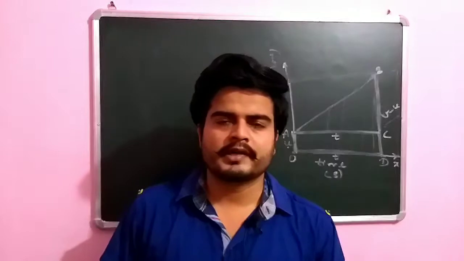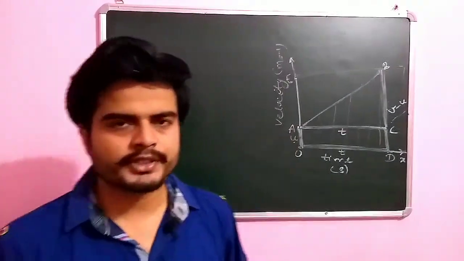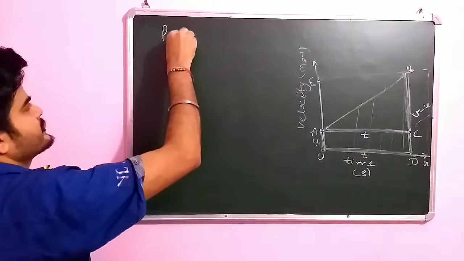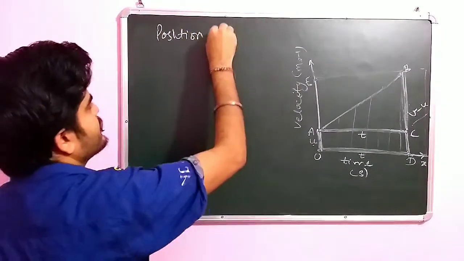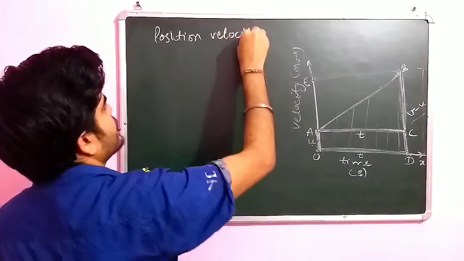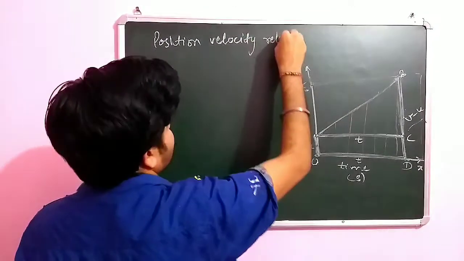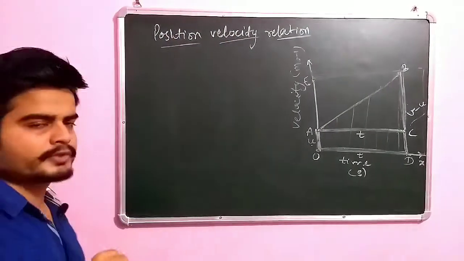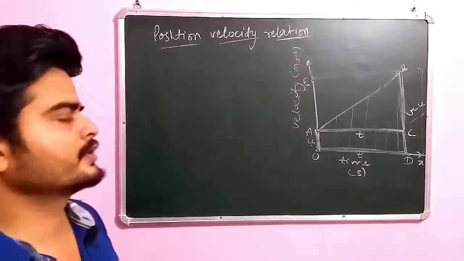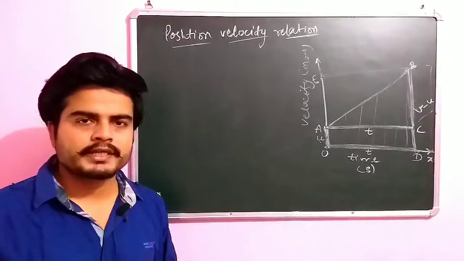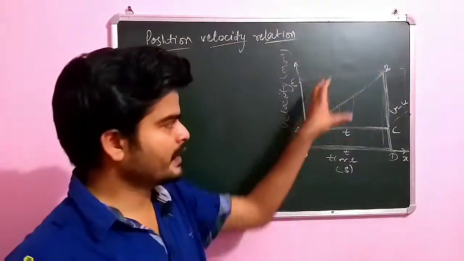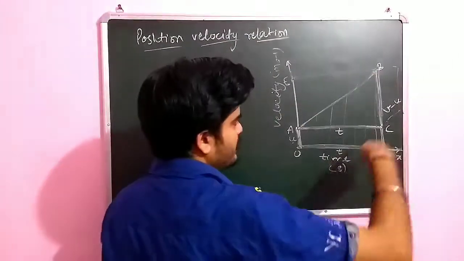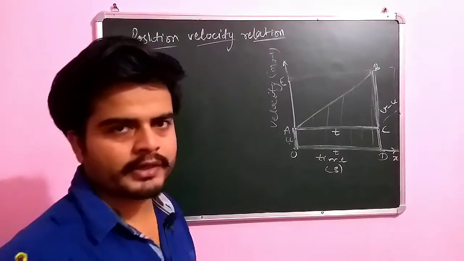Now we will do the third relation, which is the position velocity relation. Give the heading position velocity relation. We have done velocity time and position time till now, now position velocity. In this case we again have to find this area, but this time by applying the formula of area of trapezium.